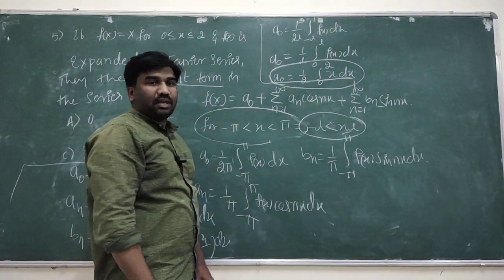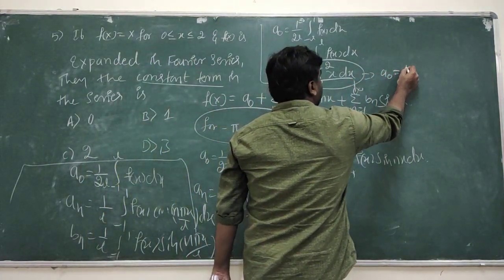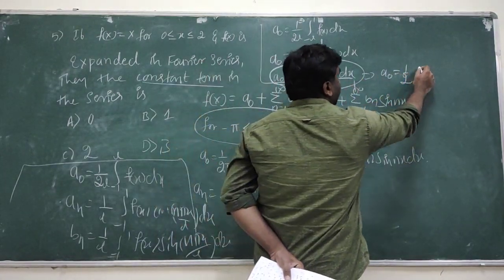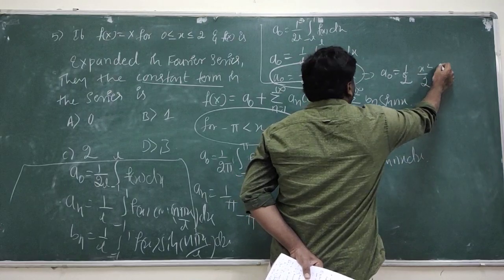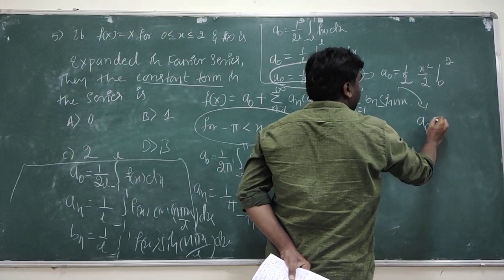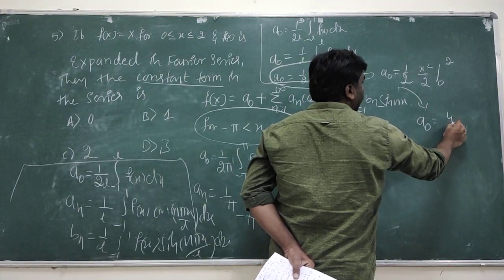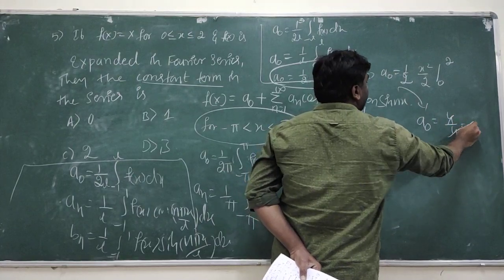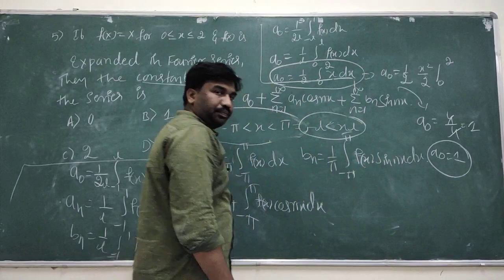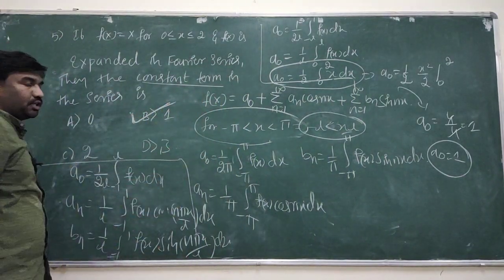We have to integrate this term, and after integrating, a0 is equal to 1 by 2 into integration of x, which is x square by 2, limit varies from 0 to 2. So therefore a0 is equal to 2 square is 4 by 4, which is equal to 1. So a0 is equal to 1. So option number B is correct.